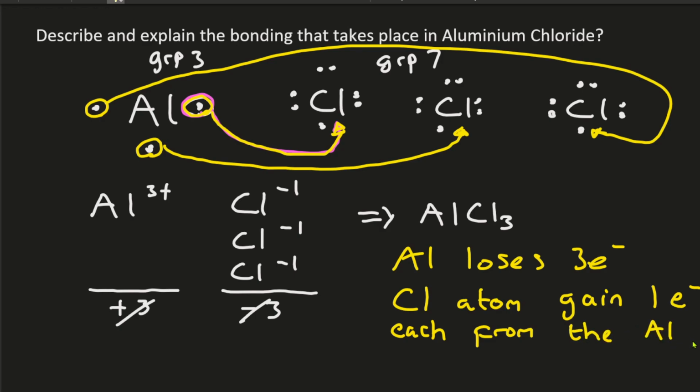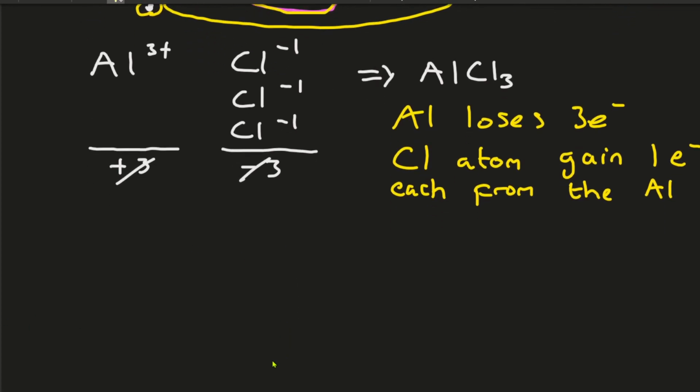Okay, so what you'd have then is you would have your chlorine written as Cl with your 7 electrons.